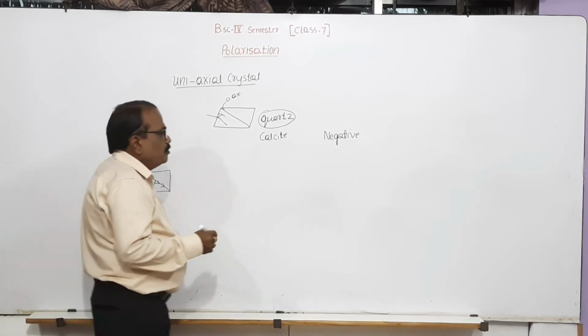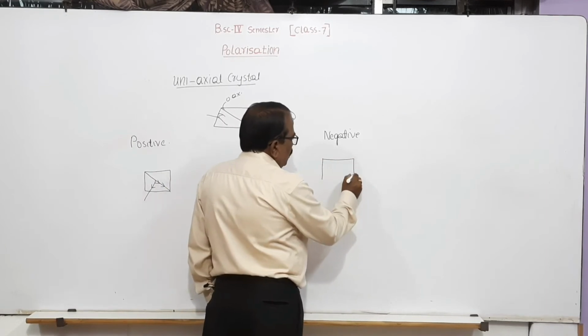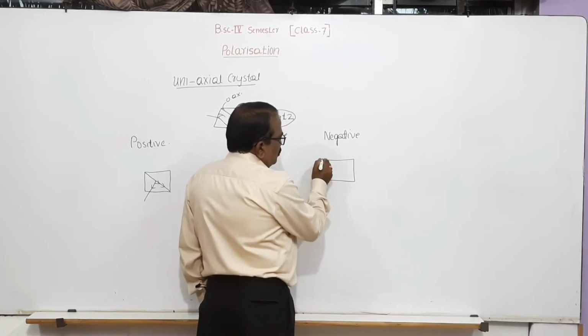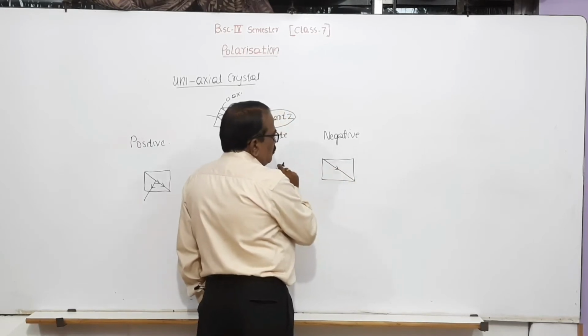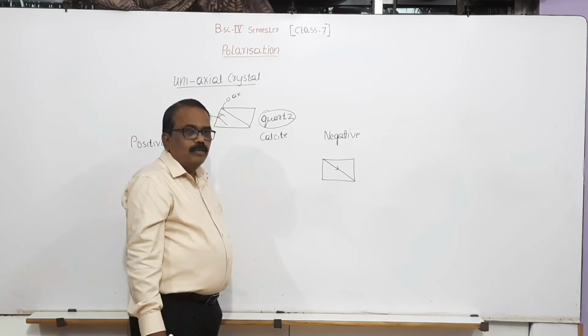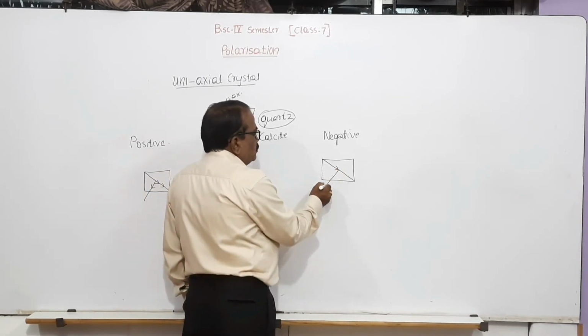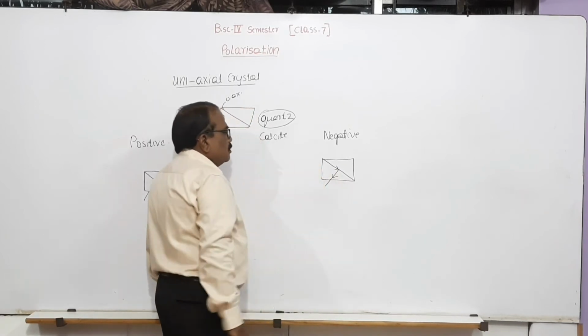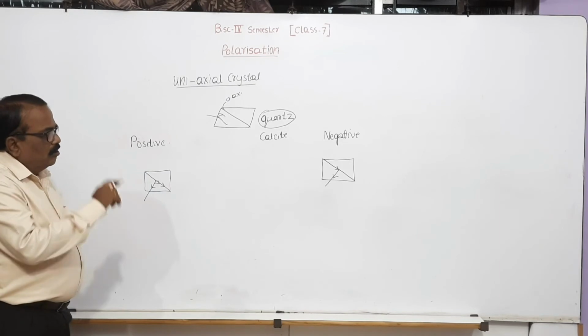Then in a negative crystal, the extraordinary ray travels slower, which means it has a minimum velocity along the optic axis and a maximum velocity perpendicular to the optic axis.